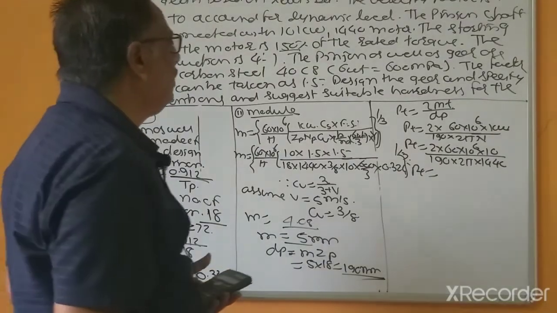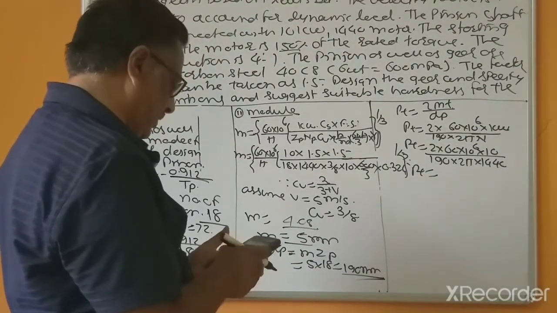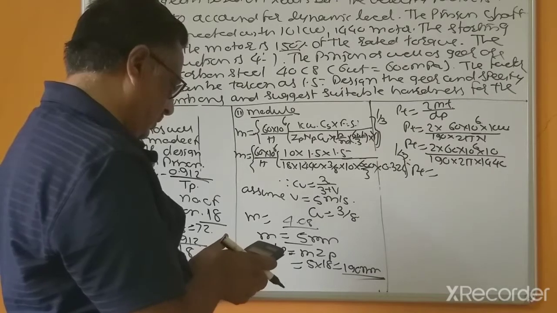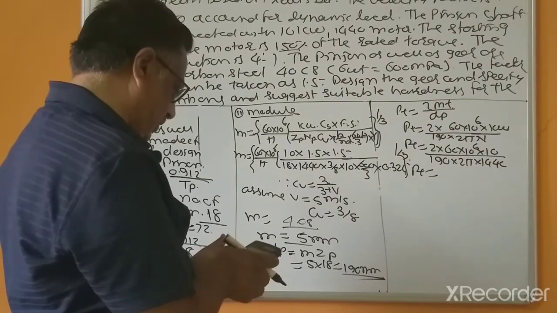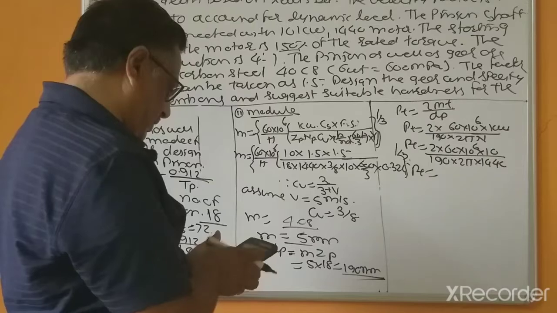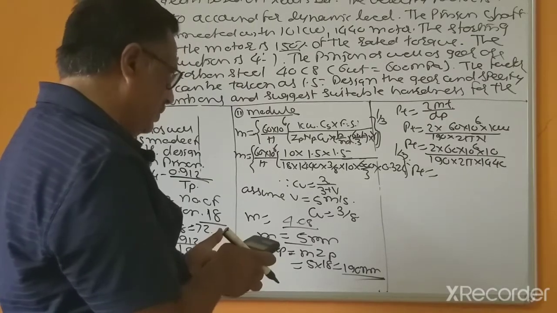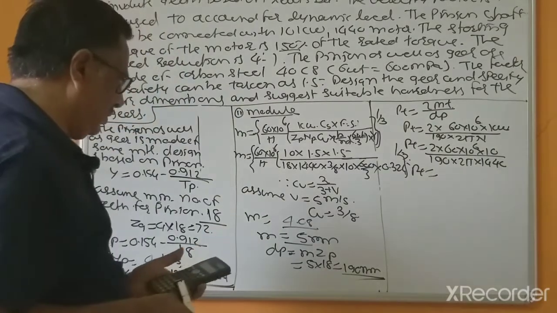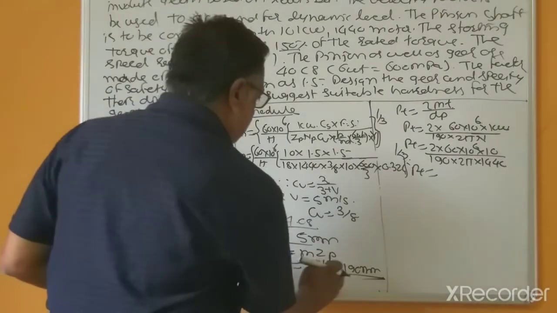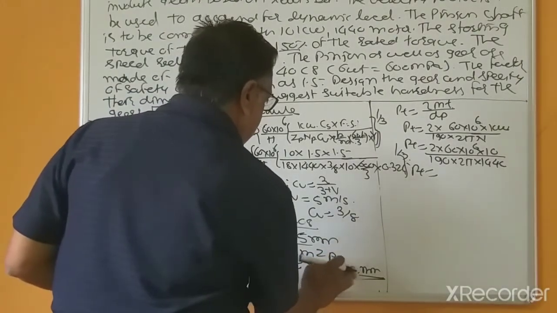Or otherwise I will check once again. 60 into 10 to the power 6 multiplied by 10, sorry, this is only 90.